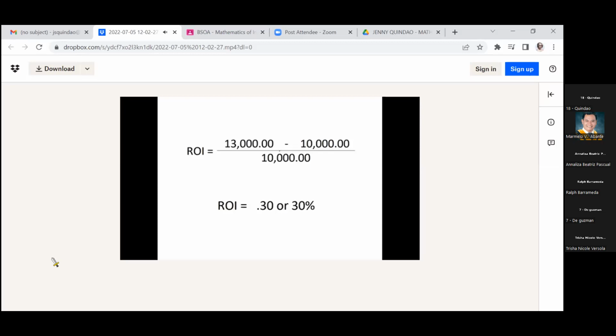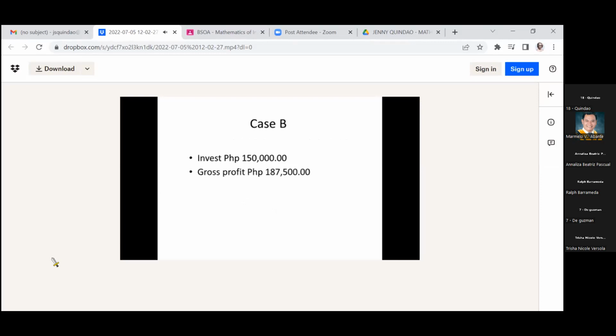Now, case B. Mr. B invested 150,000 pesos. Then the investment gained a gross profit of 187,500 pesos. The net profit will be 37,500 pesos.